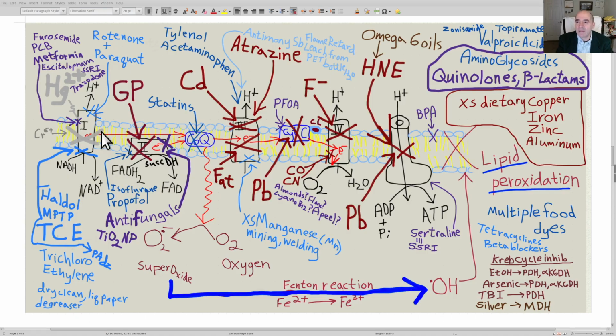The other thing that's a big joke in conventional medicine is all these psychiatric medicines. I'll have a reference at the end. When you look it up, you're just going to laugh. Escitalopram, an SSRI, a selective serotonin reuptake inhibitor, is a mitochondrial inhibitor. Trazodone, another antidepressant, is a mitochondrial inhibitor.